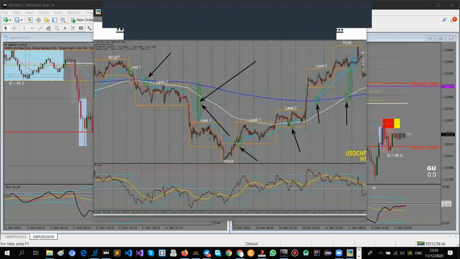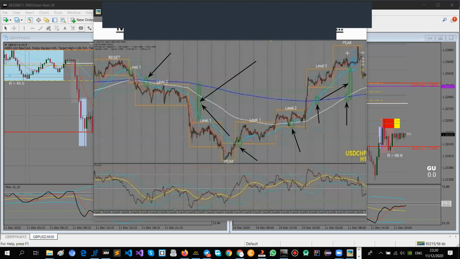This one is the 100 and 200 crossover. It should be noted down. Then this one represents the fanning out of EMAs, for we are in level 3.